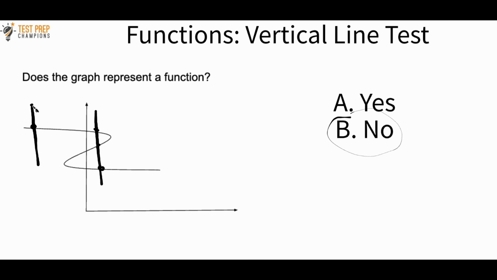Because if all we did was do the vertical line test right here, or even here, it'd be easy to come away thinking this is a function. But if we considered maybe right here or right here, we would see that the vertical line touches the graph more than once. So the two takeaways here are, number one, if a vertical line touches the graph more than once, we know it's not a function. And two, just remember to take the whole graph into consideration, because if you just look at a part of it, it can be misleading.